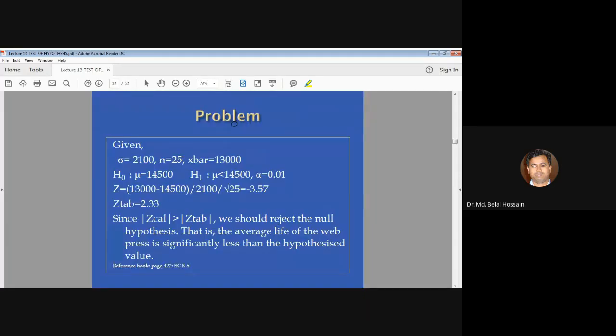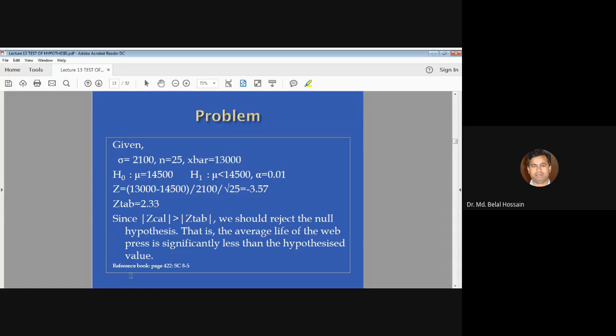So that's it. We want to discuss an exercise here. Suppose in a problem sigma is given 2100, n is given 25, x bar is given 13,000. We want to test a null hypothesis whether mu equals 14,500.